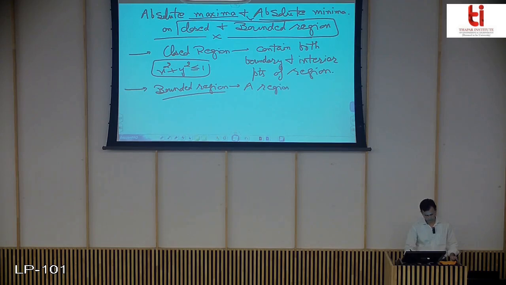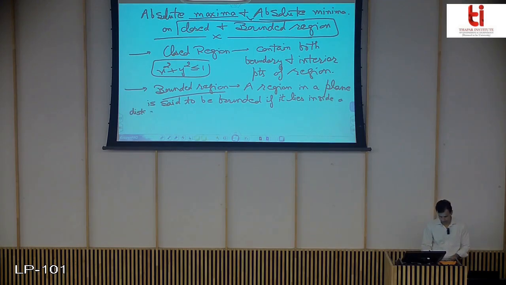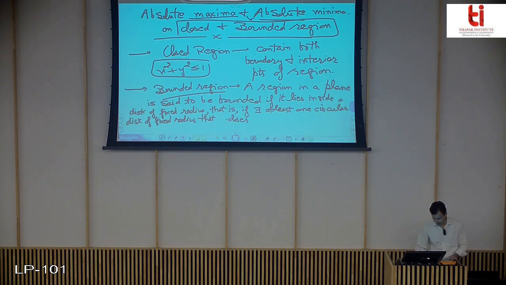A region in a plane is said to be bounded if it lies inside a disk of fixed radius, that is, if there exists at least one circular disk, of fixed radius, that encloses the whole given region.